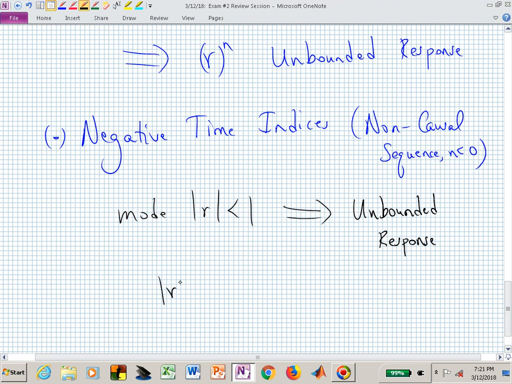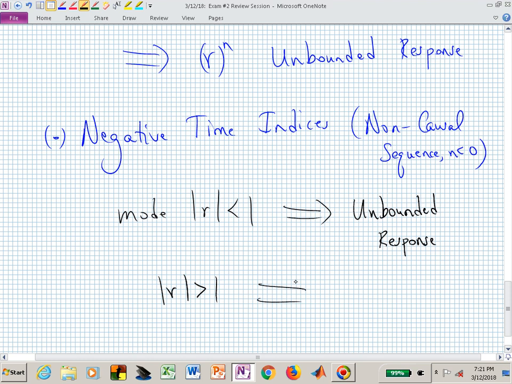Contrast that with the mode r being bigger than 1. Now that's good. So whether or not you have poles outside the unit circle or inside the unit circle obviously depends on what my interval of support is, or what my indices are where this is defined. Because in this case, for a non-causal sequence, if I have poles that are outside the unit circle, that's a good thing.